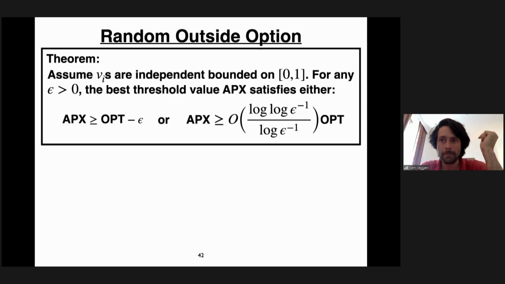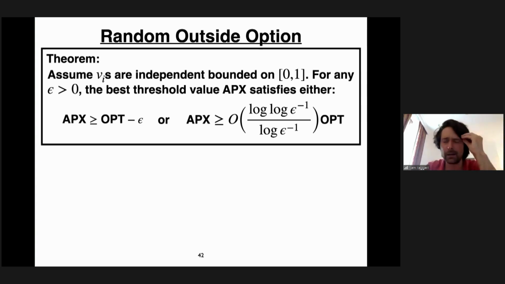When you were talking, I thought you were saying that when the additive bound is trivial, is it just that we get the multiplicative bound on the right, or opt is less than epsilon?